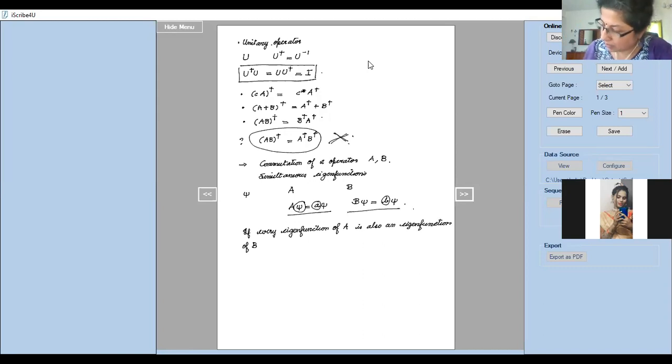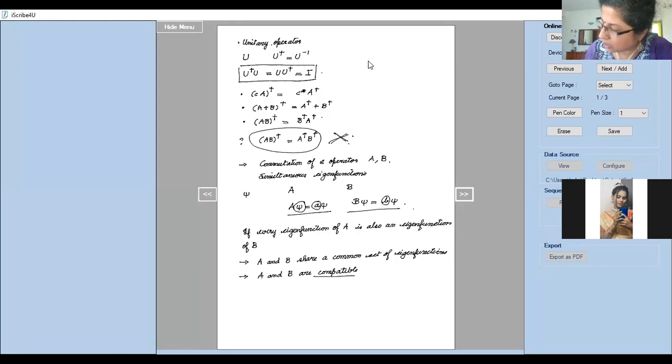One, A and B share a common set of eigenfunctions. And there's a special way of saying this: you say that A and B are compatible.